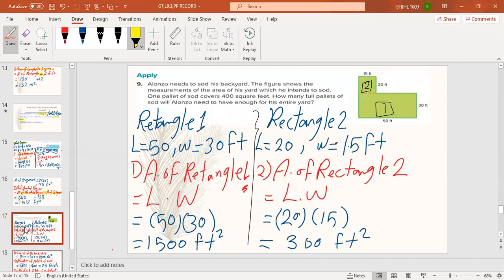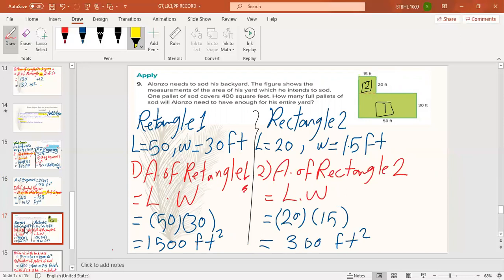And now we will apply the area of composite figures in real life problems. This is an applied question in your textbook, page 474. Alonso needs to sod his backyard.